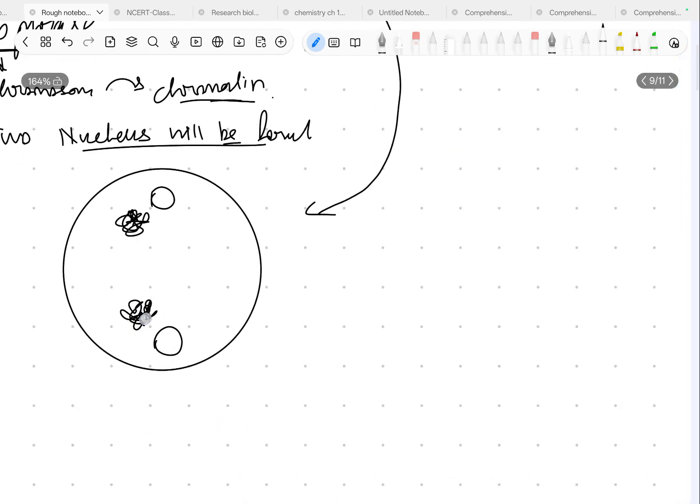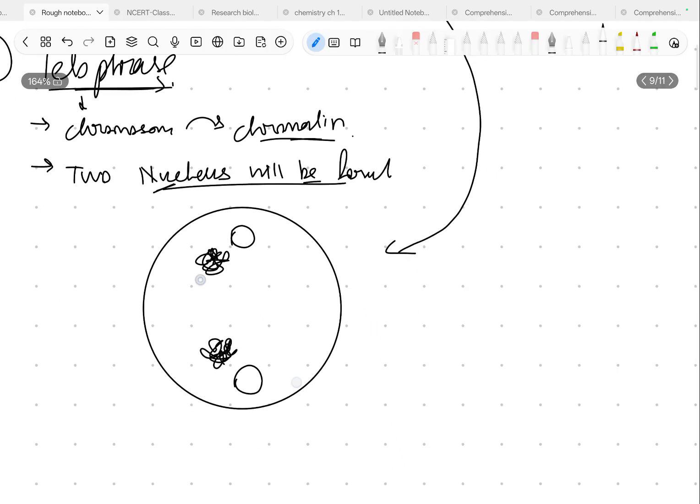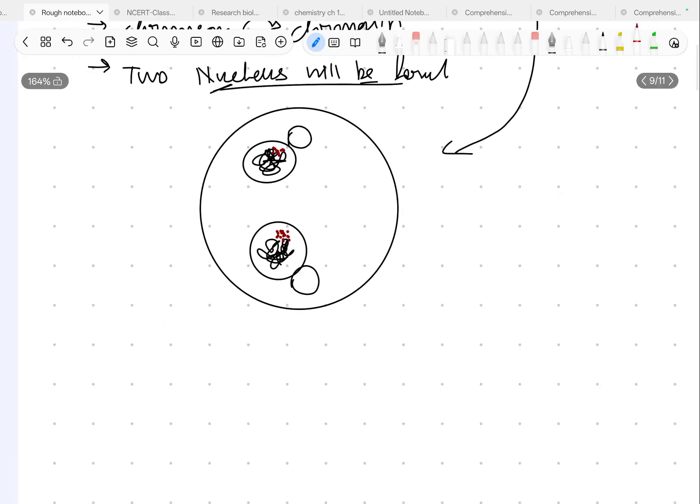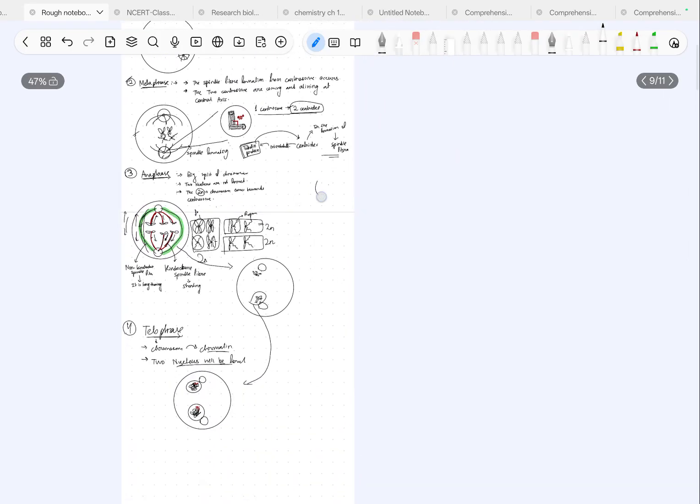Here the chromatin is formed, and what else occurs? The nuclear membrane forms. Here the nucleus is formed, and then the inside part, the nucleolus, will also form, and after this phase the total karyokinesis is over.